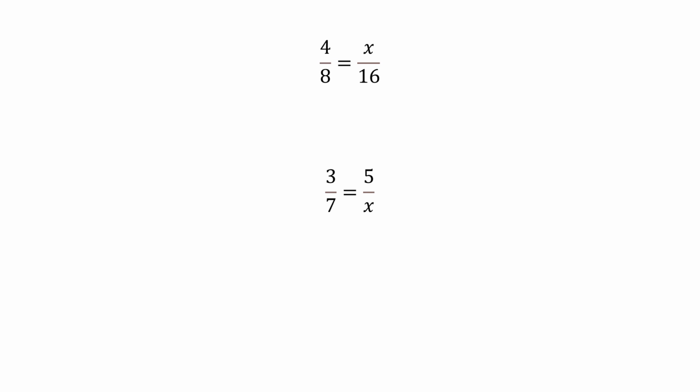So what we're supposed to do, there are two ways. You can either find a scale factor, which is easy when the numbers have a whole number scale factor. A scale factor is the number you multiply to get from point A to point B. So how do I get from 8 to 16? 8 times 2.